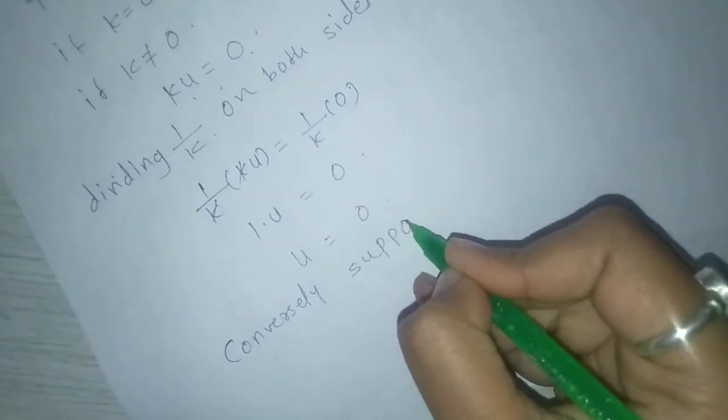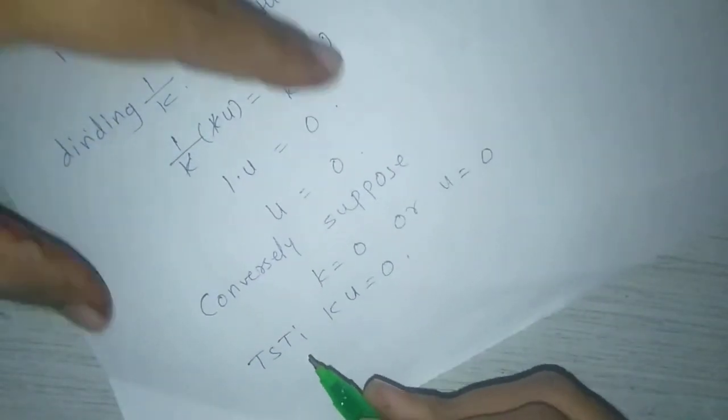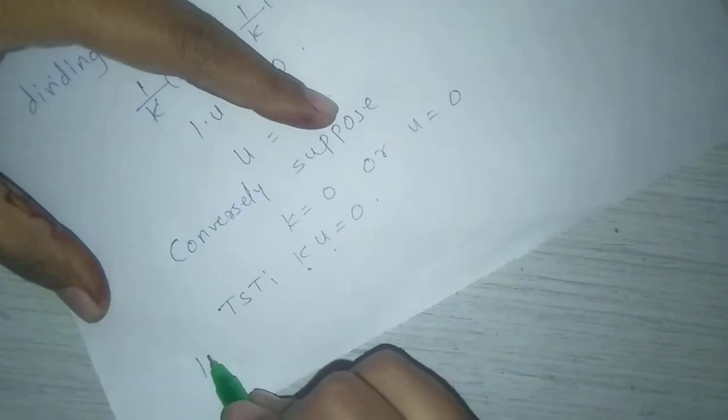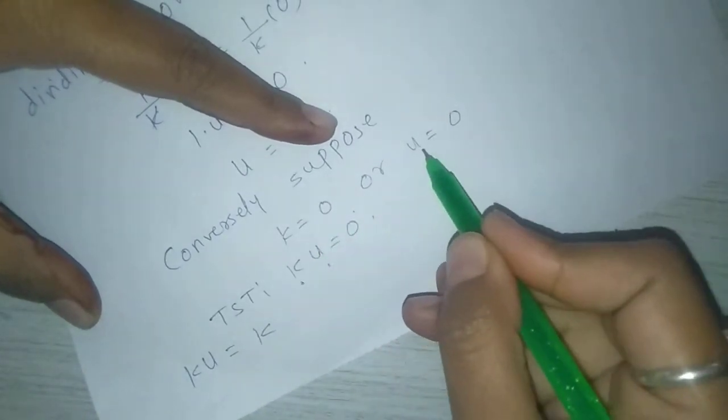Now conversely suppose K equal to 0 or U equal to 0, then show that K into U equal to 0. Consider the left hand side, K into U. Here K equal to 0 or U equal to 0.